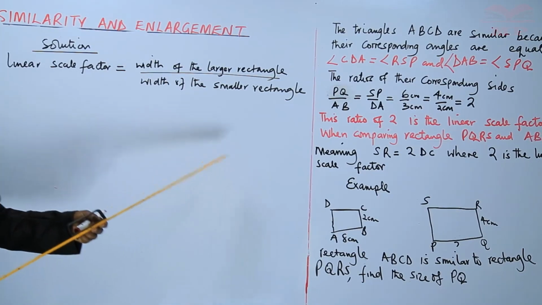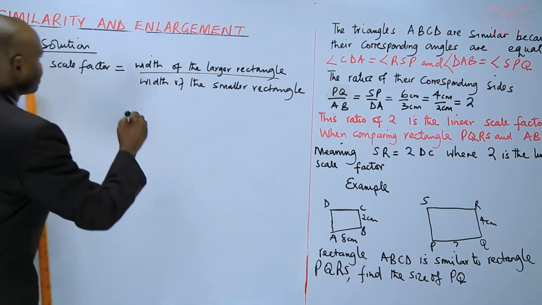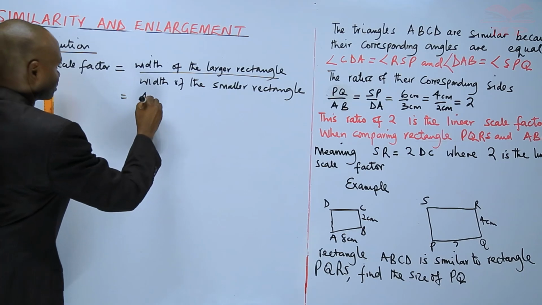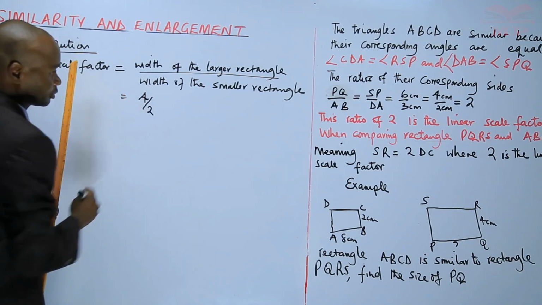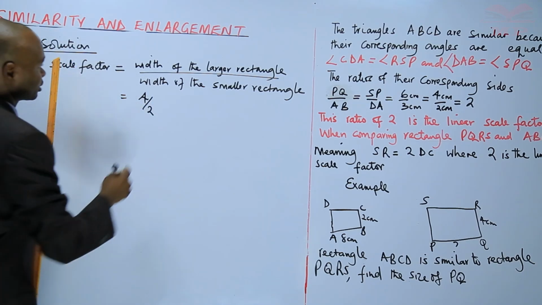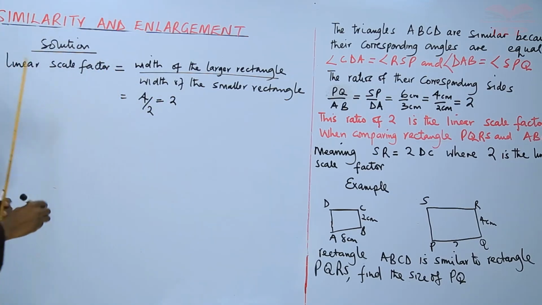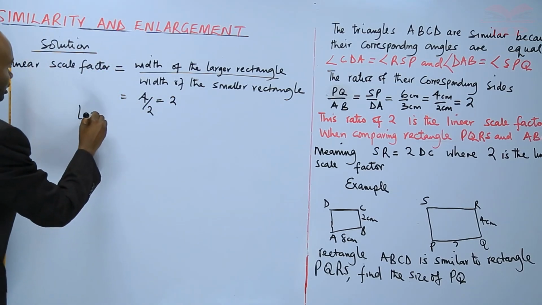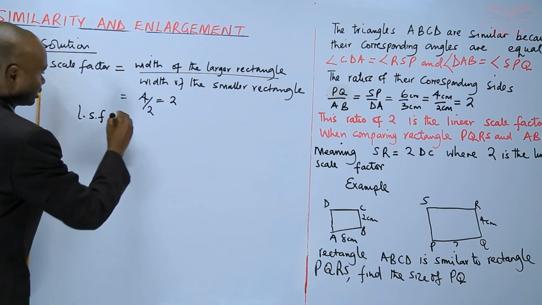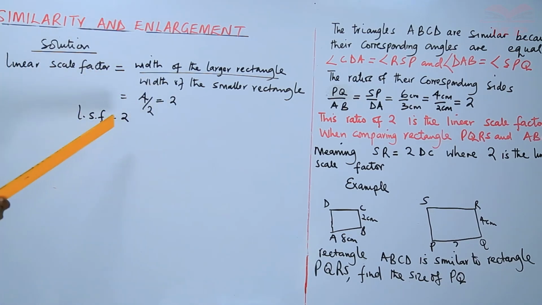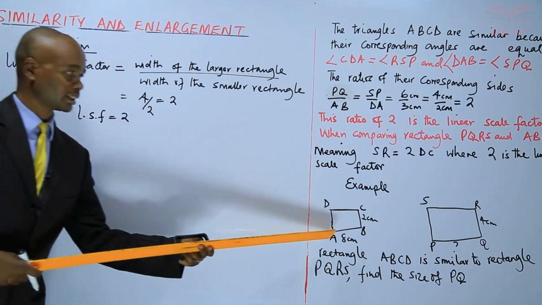The width of the larger one is 4 divided by 2, so the linear scale factor is equal to 2.